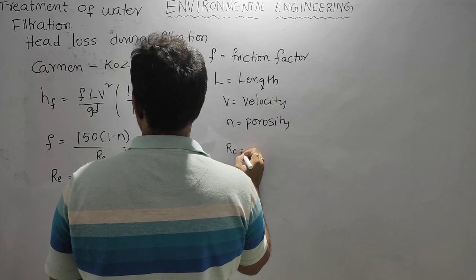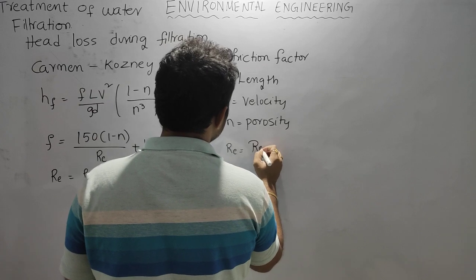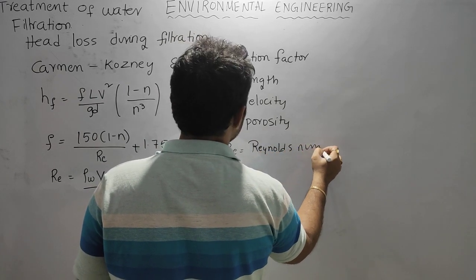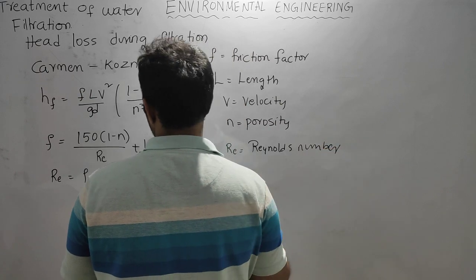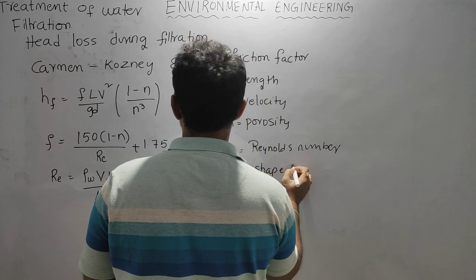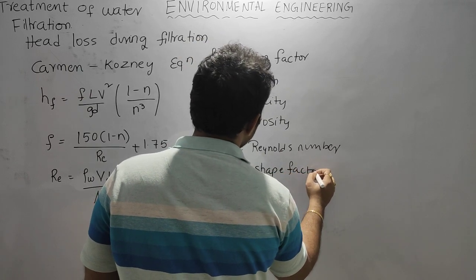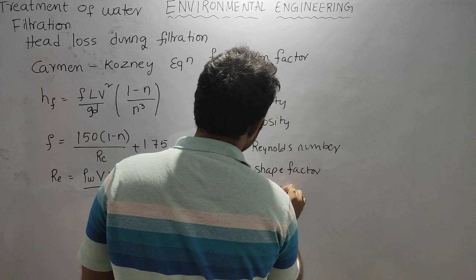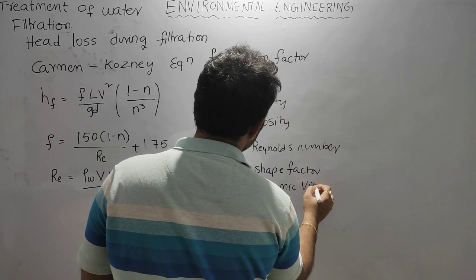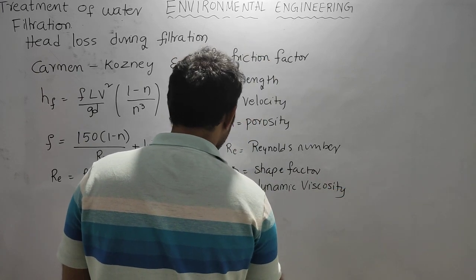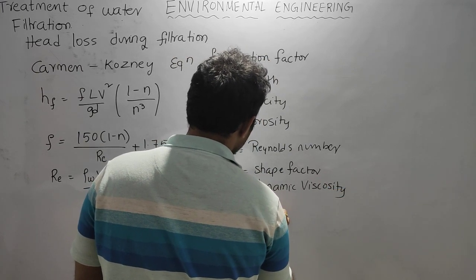Re is Reynolds number. Phi is shape factor. Mu is dynamic viscosity. And nu is kinematic viscosity.